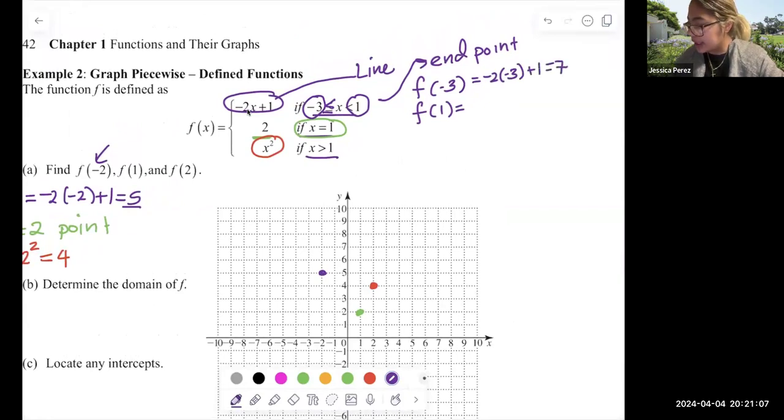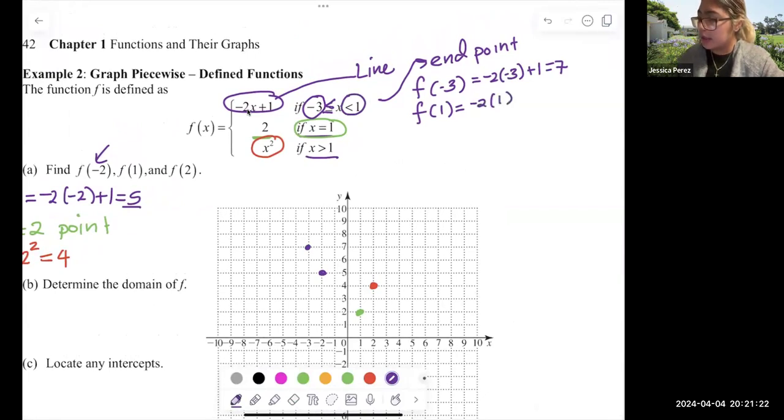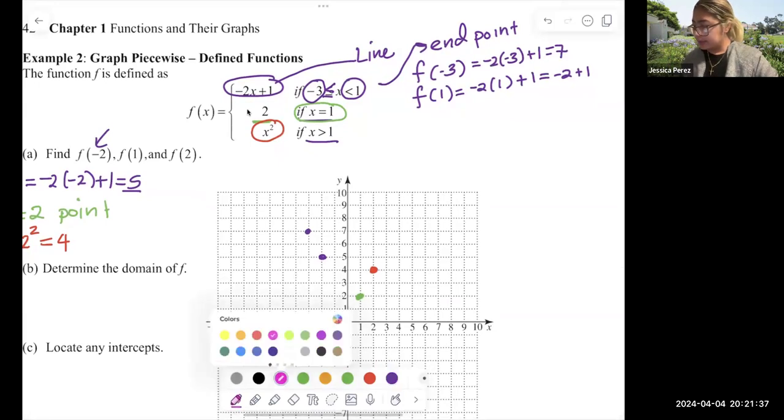So we have the point -3, 7 as a closed dot. When I plug in a 1, it's going to be an open dot because it's a less than. We don't have equality, so it's going to be an open dot. So we have -2 times 1 plus 1, which is -2 plus 1, which is -1. So the point 1, -1 right here is an open dot. So this is going to go like this. It's a line.